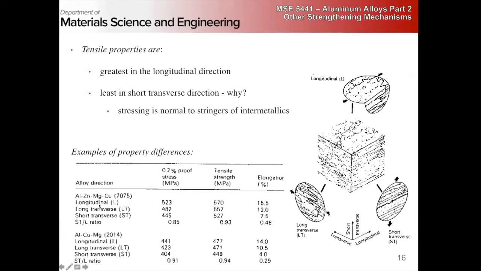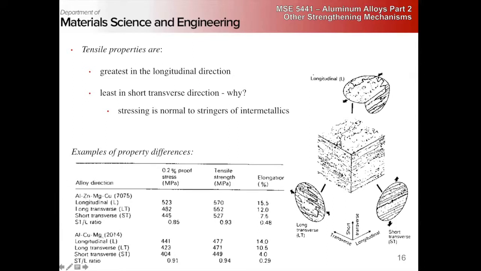And so we can see the difference with 2014, right? Here we're not forming a lot of these, and we have a very low degree of anisotropy that develops. But if we look at the alloy with zinc in there, aluminum copper magnesium is okay.